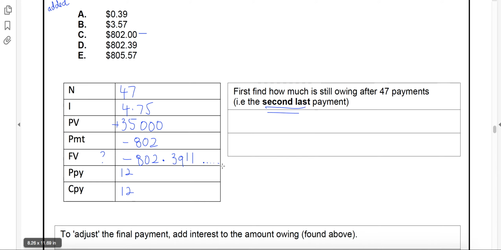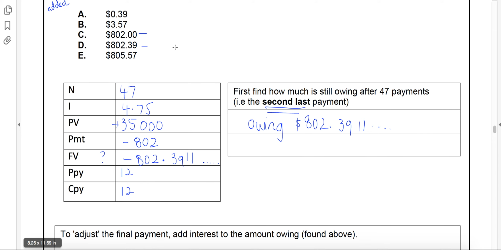So it means that this last payment couldn't have been $802, because there's this little bit left over after that. So after 47 payments, we owe 802.3911, etc. You'll notice that 802.39 is also on the list up there.